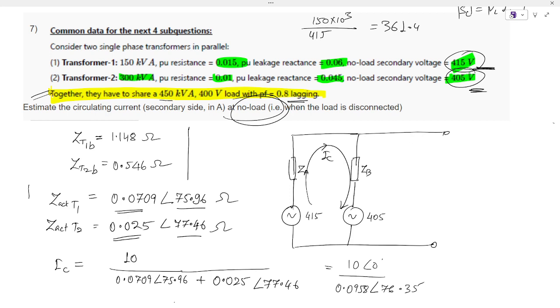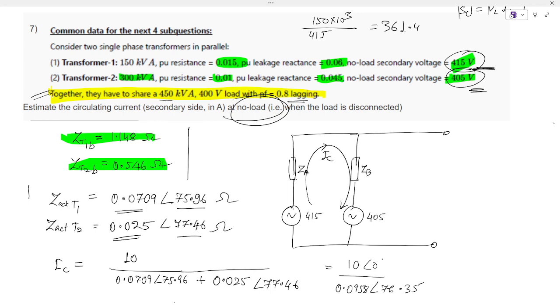Again we will proceed to find the base values. For T1, first we need the actual values of impedance. The base value is found by 415 square divided by the base kVA. Similarly for T2, the per unit value is 0.045.